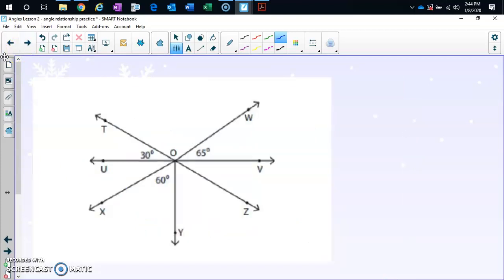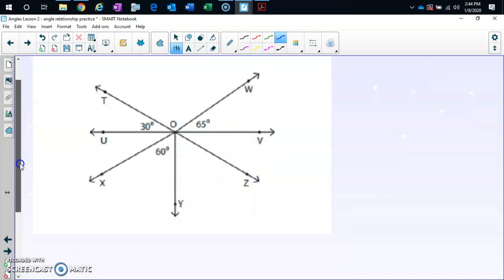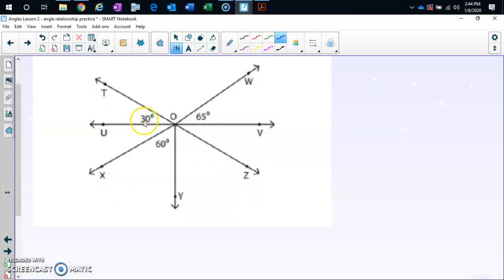Last example. I call this an angle puzzle. Take a look at this. This angle is 30 degrees. It is straight across from this angle, which they are vertical. That means they're congruent. So this one is also 30 degrees. This angle is 65. Straight across from it is its vertical angle.